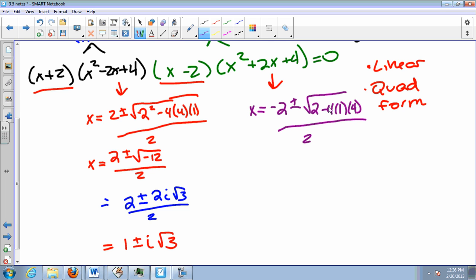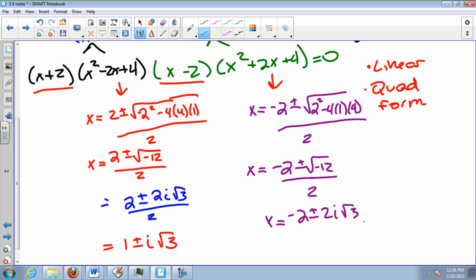That goes 4 minus 16, which is negative 12, so negative 2 plus or minus root negative 12 over 2. Almost the exact same thing we had before, except it's a negative 2 up front, not a positive. So it goes to negative 2 plus or minus 2i root 3 over 2, which can be simplified to negative 1 plus or minus i root 3.